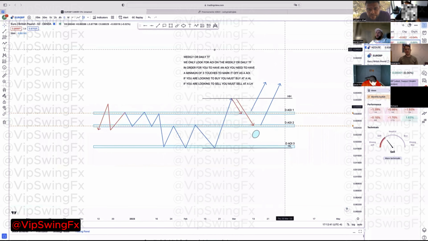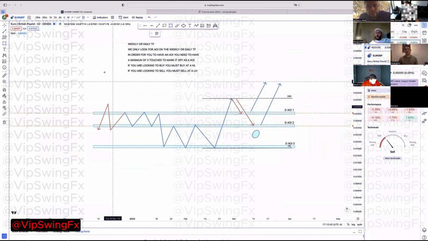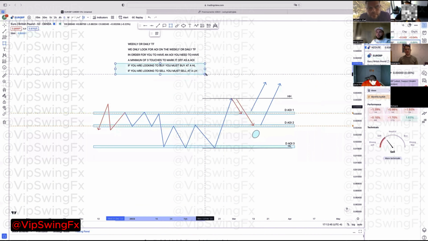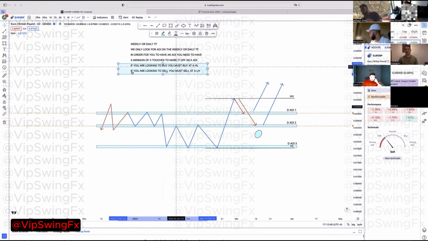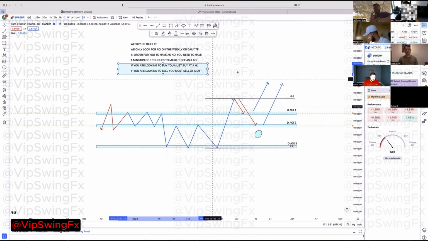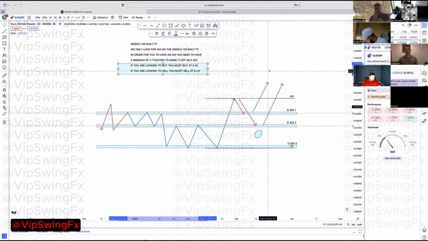This is very simple, and this is probably so overlooked. If you're looking to buy, you must buy at a higher low. If you're looking to sell, you sell at a lower high. That's not rocket science, right?